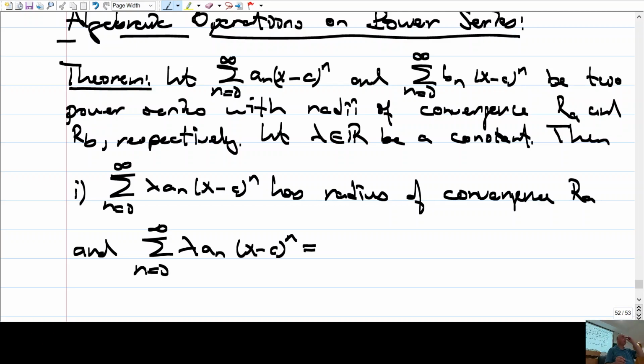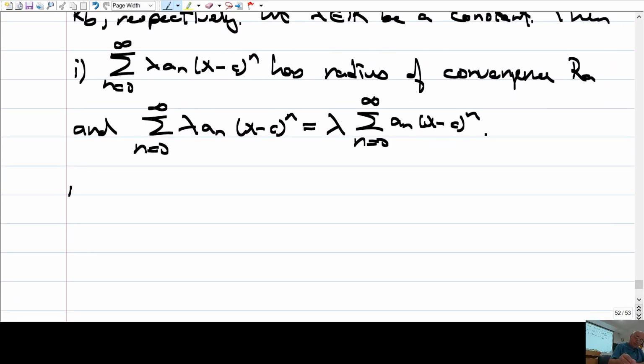So you just multiply every term by a constant lambda. The expectation is that this lambda goes out, right? And it is really the case. So this is the first statement.